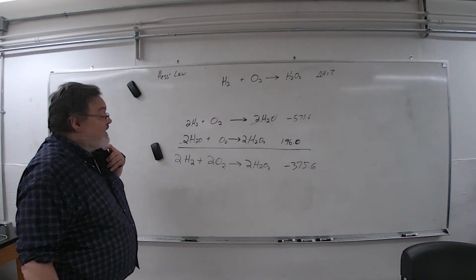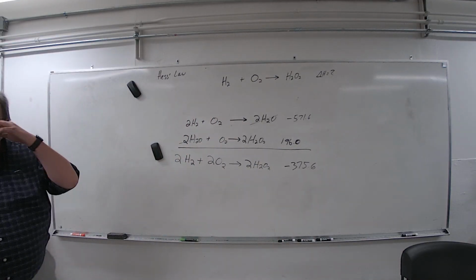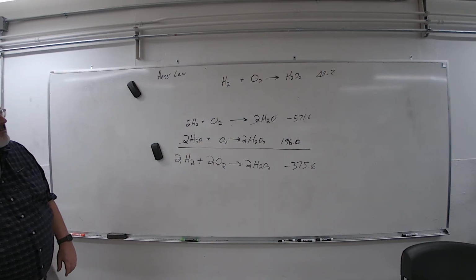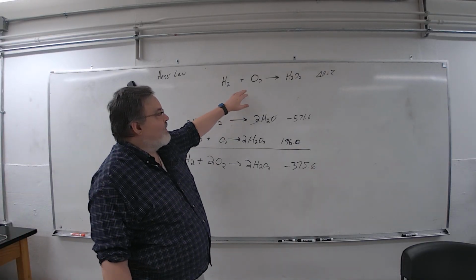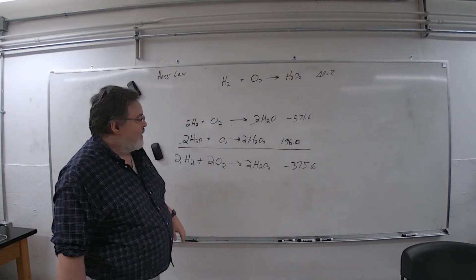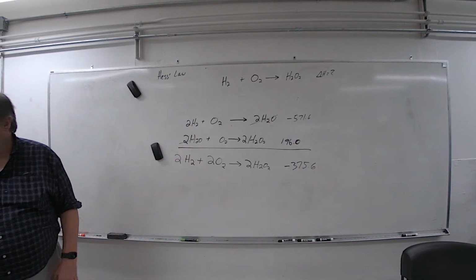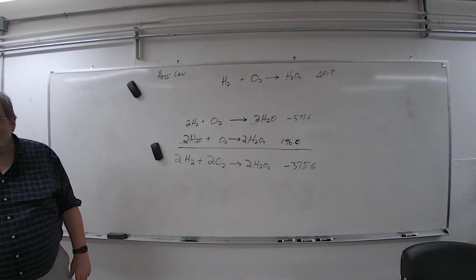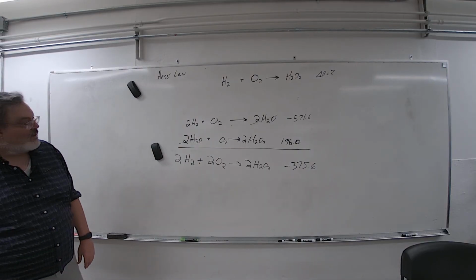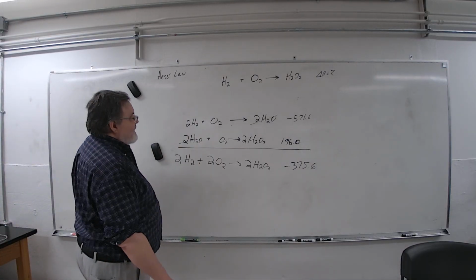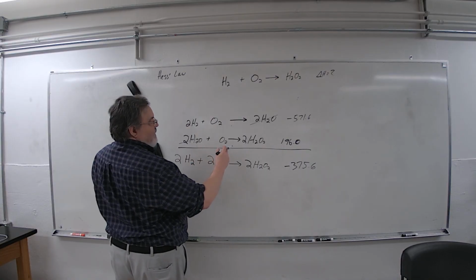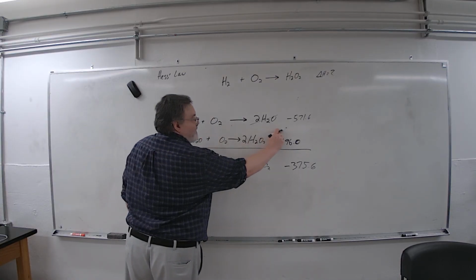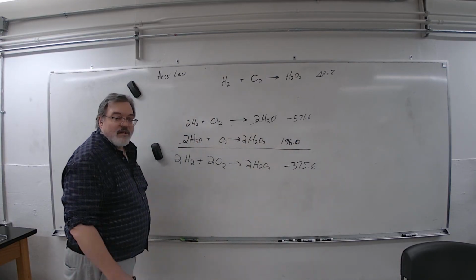And I'm almost there. Do you see what I need to do to finish it? I've only got one H2, one O2, one H2O2. I'm just going to divide everything by 2 here. Which I probably could have saved myself a step, but that's just how my brain worked when I was up there. I guess I could have multiplied this by 1/2 and it would have done the same thing, and then I wouldn't have this step.